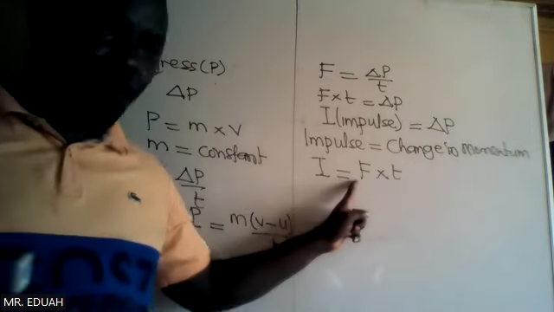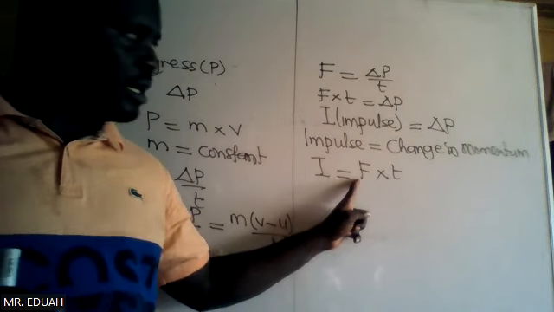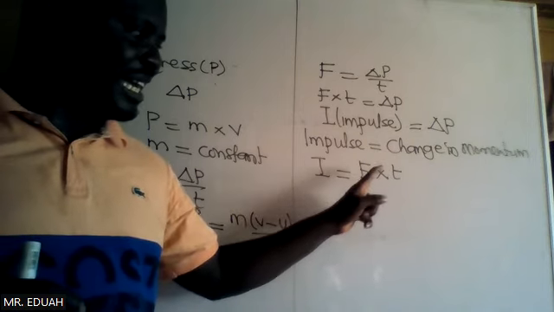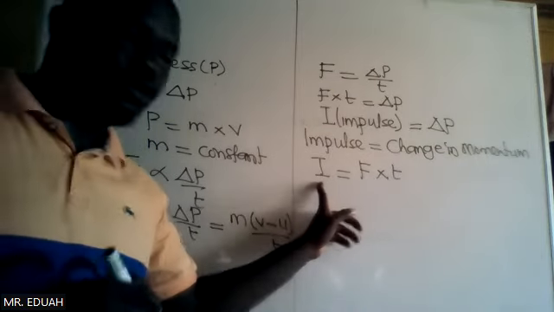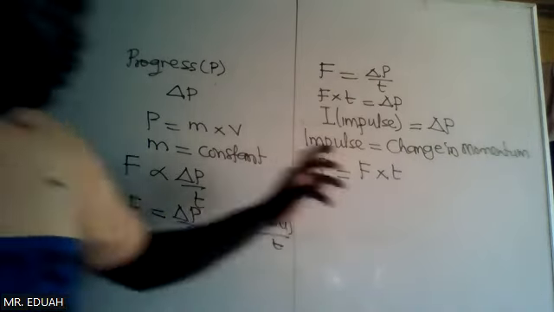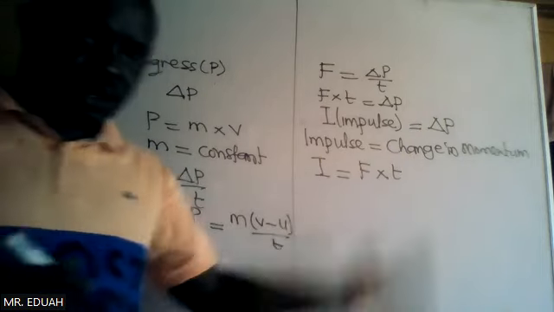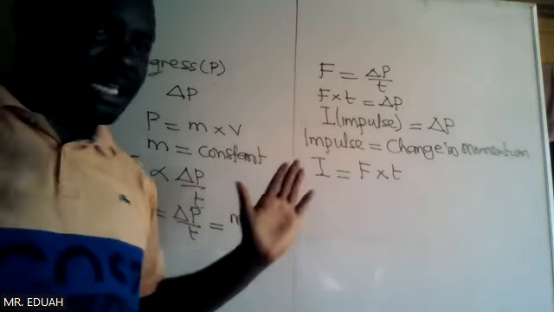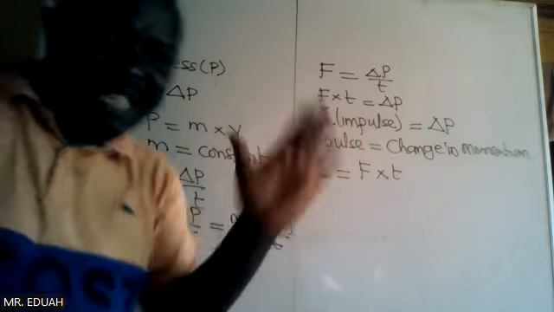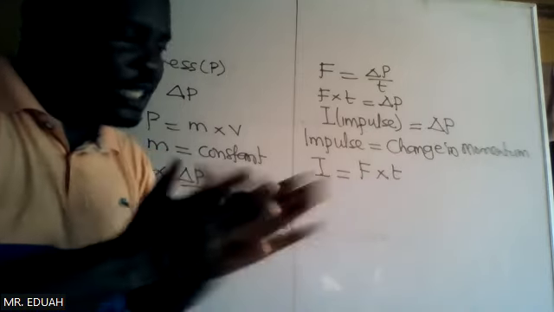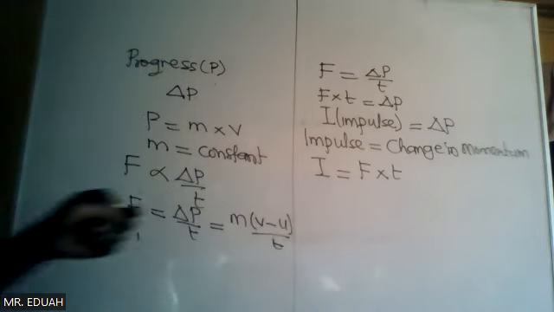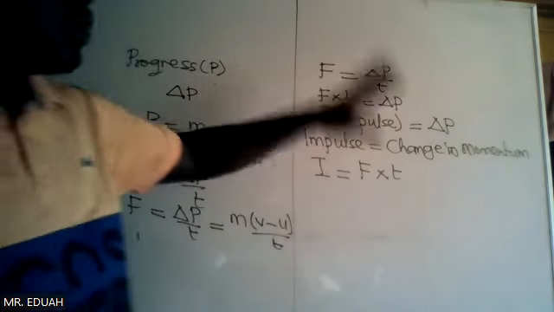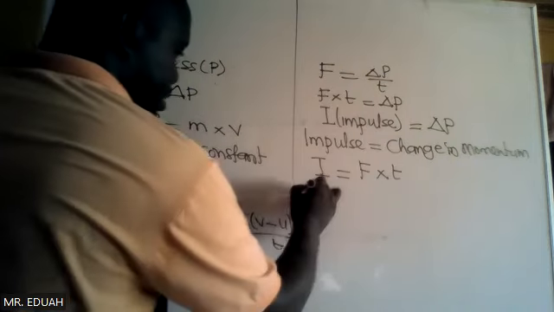Now, the greater the force acting on the body, and the greater the time taken to act on the body, the greater will be the impulse. So when the force is large, and the time for which the force is exerted on the body is also large, then the impulse is equally great. So impulse is equal to a change in momentum.